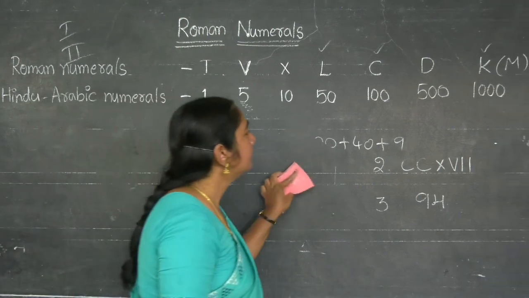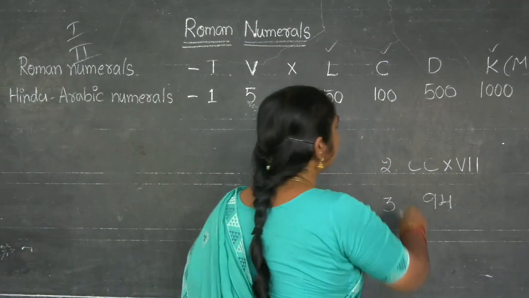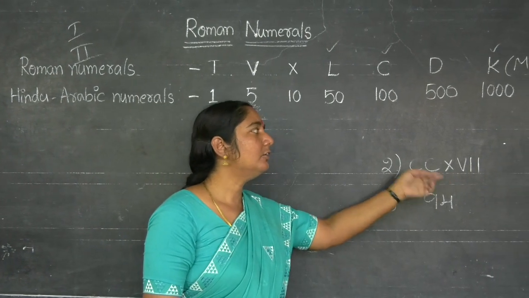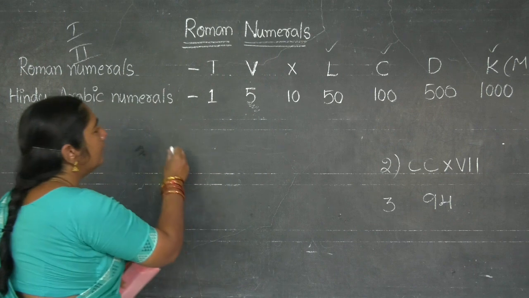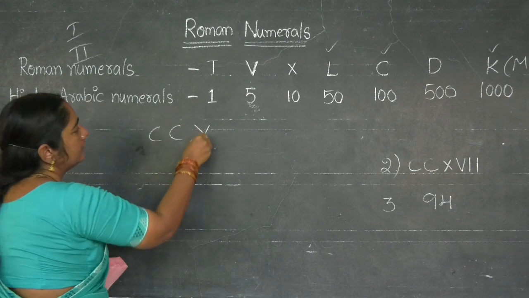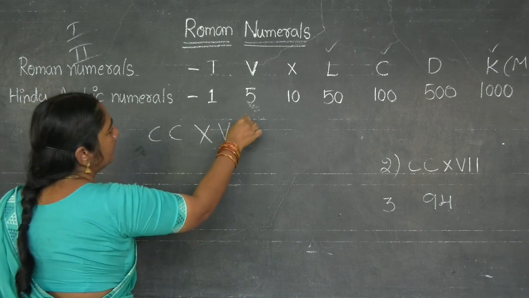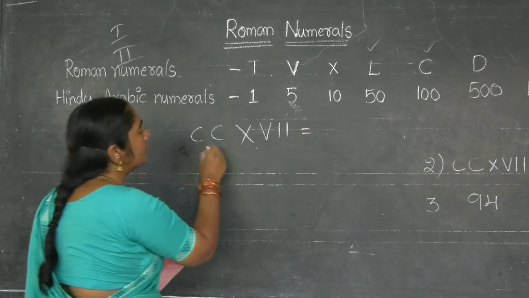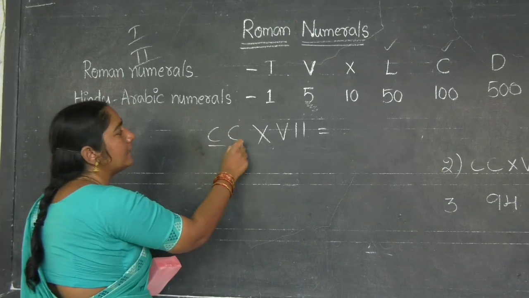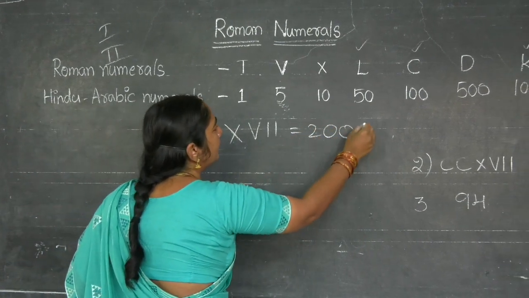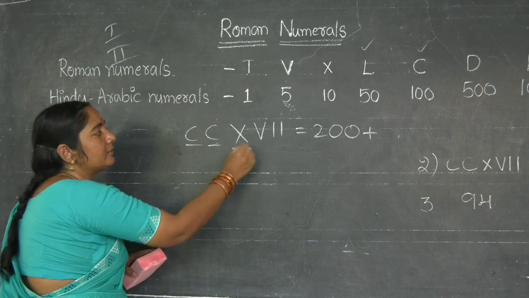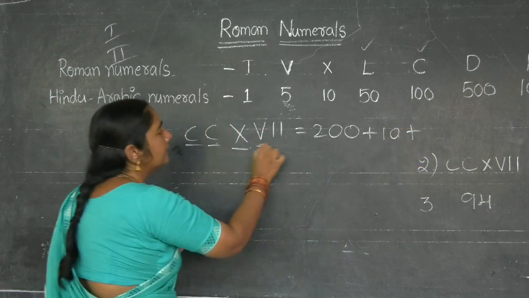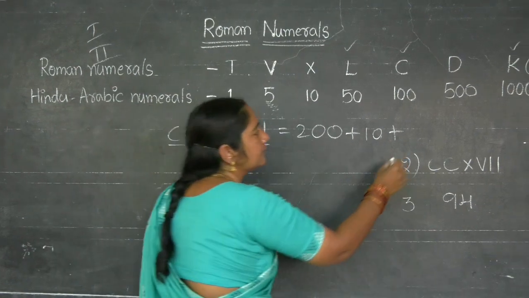And now I think the second question which is discussed in the paper is asking you to convert this into a number. Now let us see, this is equal to C plus C, that is 100 plus 100, that is 200, plus, this is a tens place, that is only 10, plus, this is a units place, that is 7.